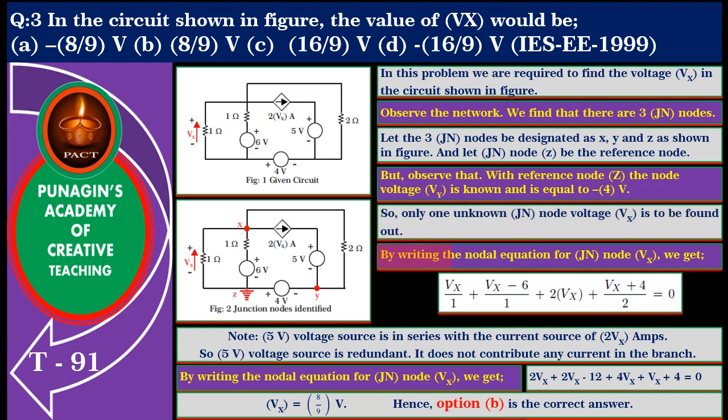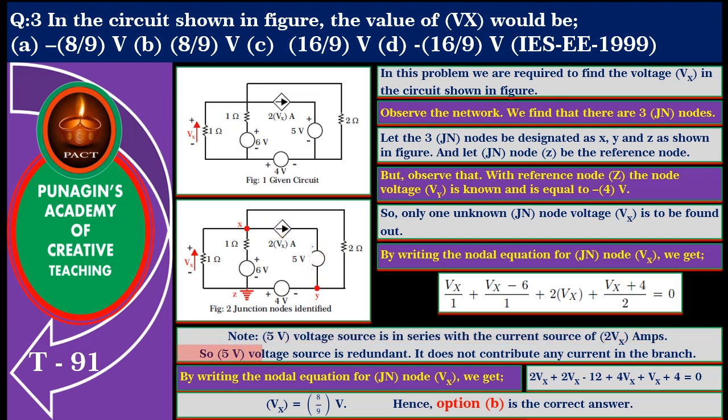So, by writing the nodal equation for junction node X, we get Vx divided by 1 plus (Vx minus 6) divided by 1 plus 2Vx plus (Vx plus 4) divided by 2 is equal to 0. Note, the 5 volts voltage source is in series with the current source of 2Vx amperes.